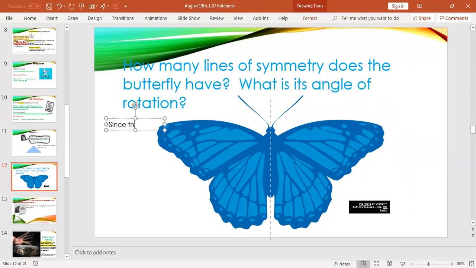Since this figure has only 1 line of symmetry, the butterfly does not have rotational symmetry.